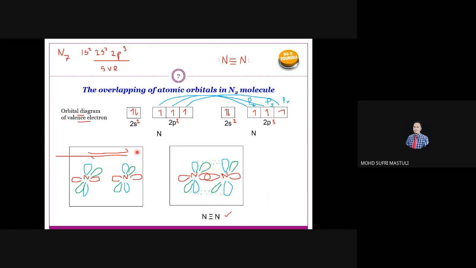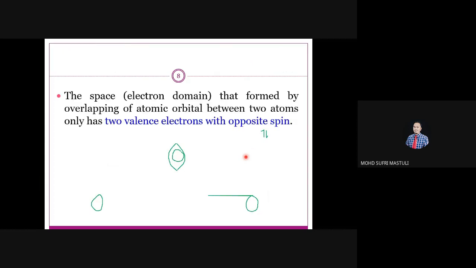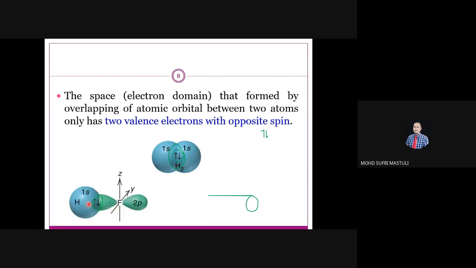So we just overlap the nitrogen with another nitrogen. This is the diagram for the nitrogen. This one shows the overlapping area. We call it the electron domain or space domain, where we can find the two valence electrons with spin up, spin down, in each overlapping area.